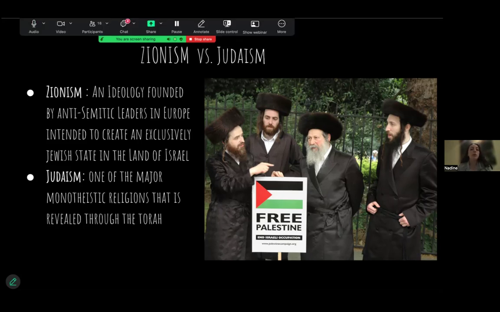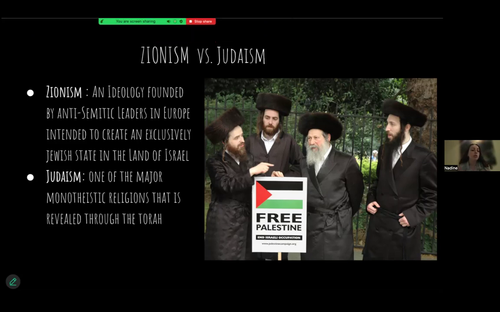I really want to unpack this argument, because there is a clear distinction that we as Palestinians want to make between Zionism and Judaism. For those who don't know, Zionism is an ideology that was actually founded by anti-Semitic leaders, ironically, in Europe. Theodor Herzl, the founder of Zionism, was actually an anti-Semite himself, and he intended to create an exclusively Jewish state in the land of Israel, which was originally Palestine.